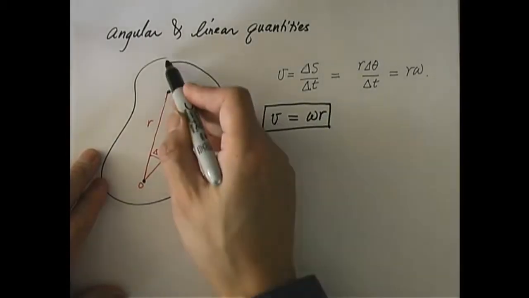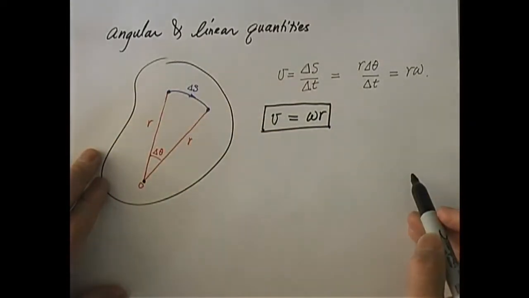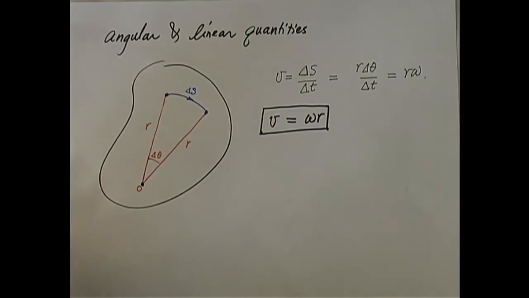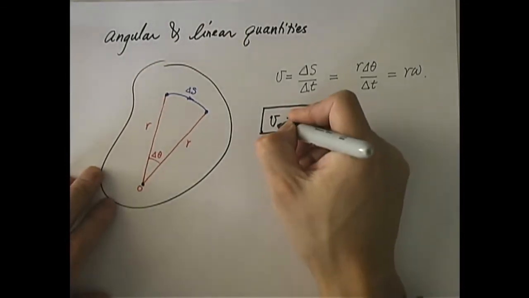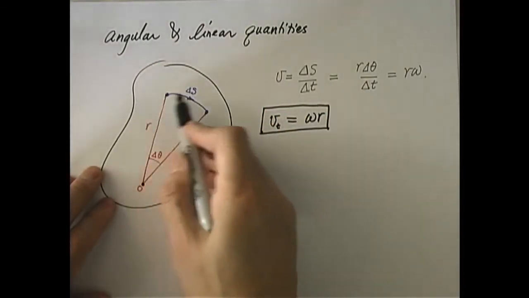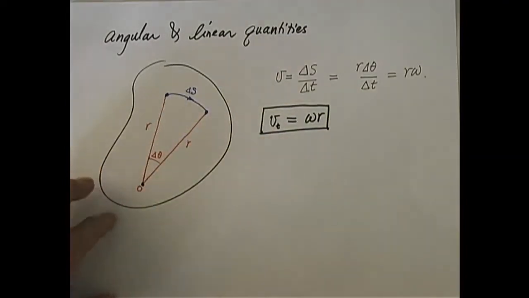And an object further away from the axis of rotation will have to move faster to keep the same angular speed. Okay, now this is the relationship between linear speed and angular speed. In fact, sometimes we use a letter t to denote that this is translational motion. It's translational, not radial movement. In fact, there is no radial movement at all.